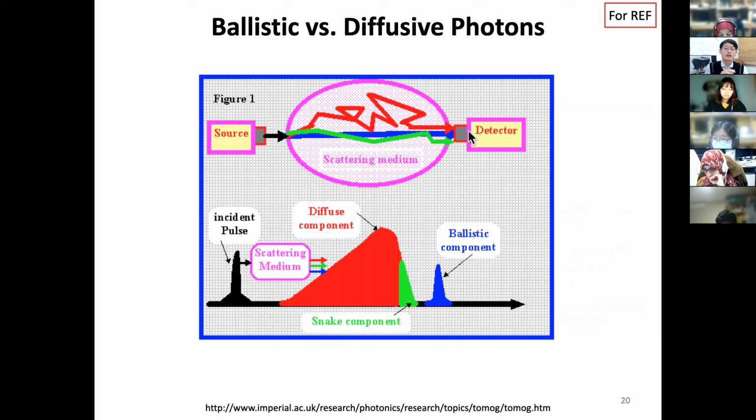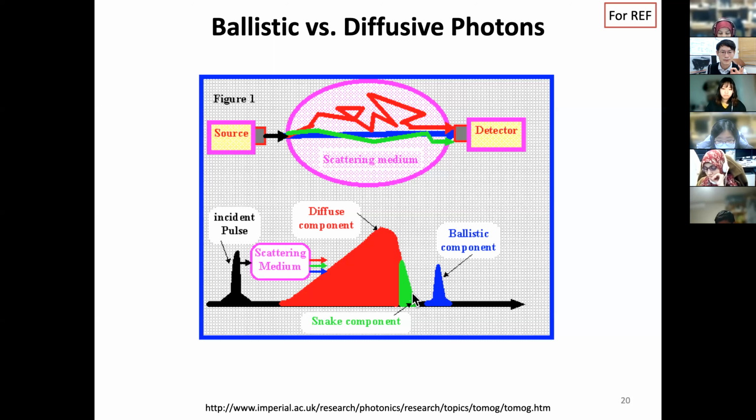So imagine that you have a very fast detector, like picosecond order detectors. Then what will you see? Let's say this black one, you give an instant pulse of photons, boom. And then you get the first arriving one, the ballistic component. And then these ones, they look like snakes, so we call them snake components.